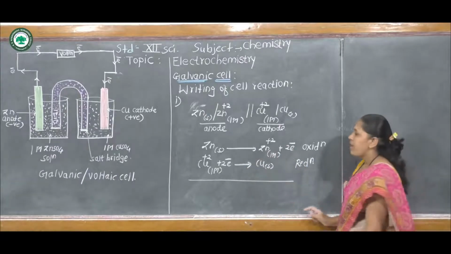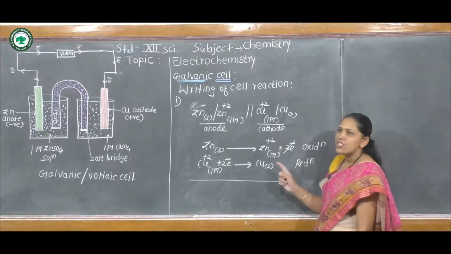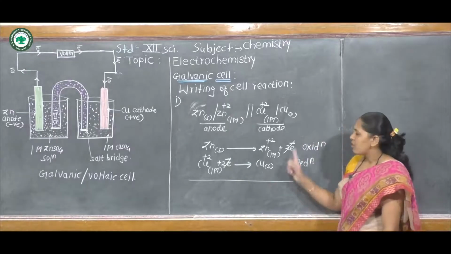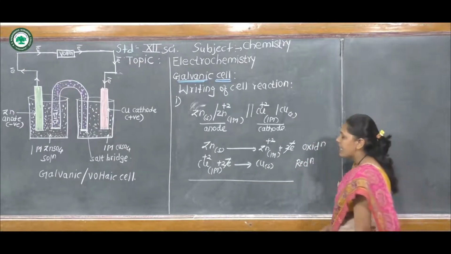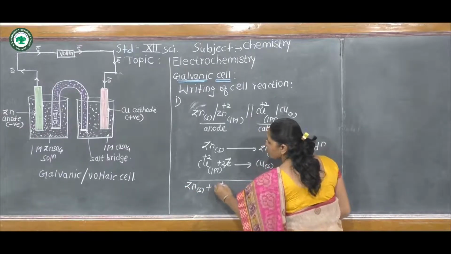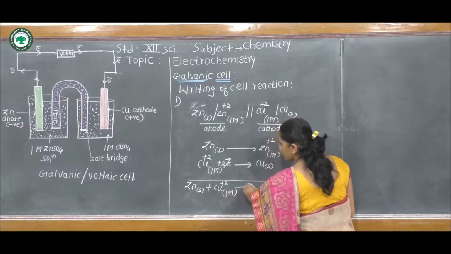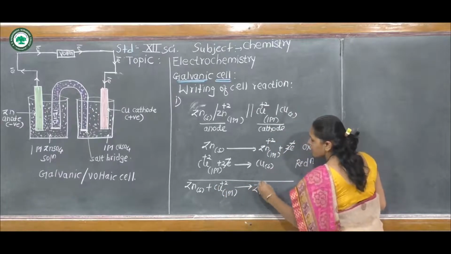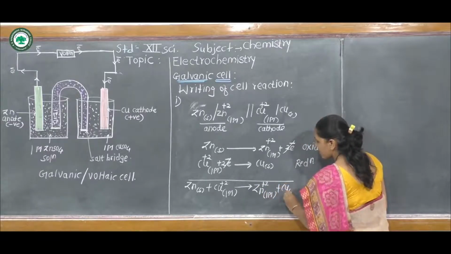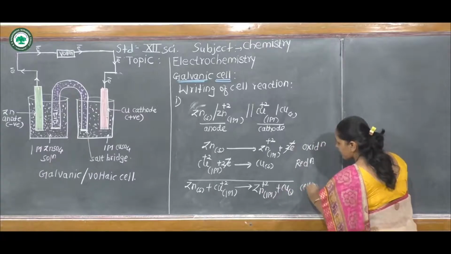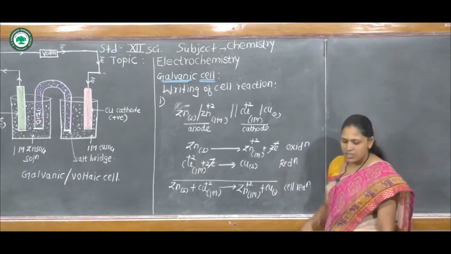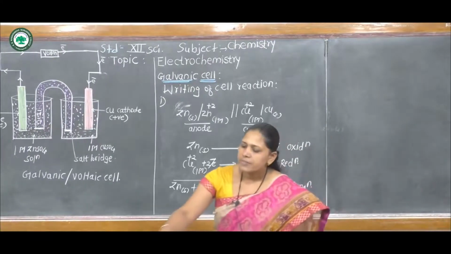Here 2 electrons are same, therefore electrons lost by zinc metal are accepted by copper plus 2 ions, so these 2 electrons get cancelled and remaining is zinc plus copper plus 2. It gives zinc plus 2 plus copper. This is the cell reaction. It is redox reaction, that is oxidation and reduction take place simultaneously.